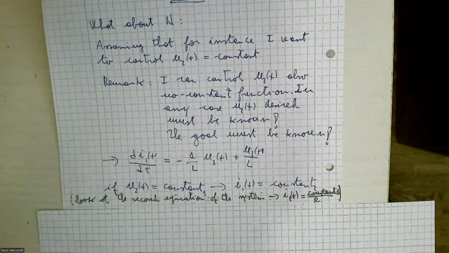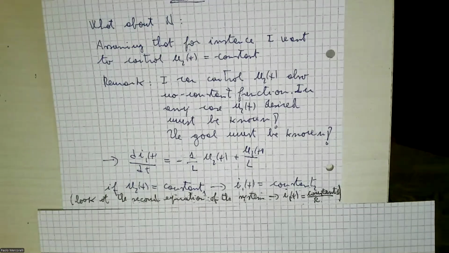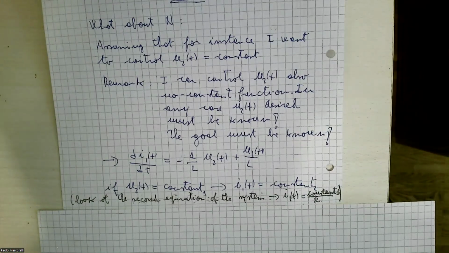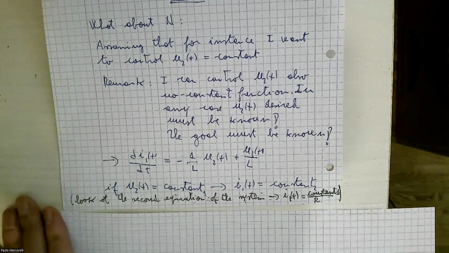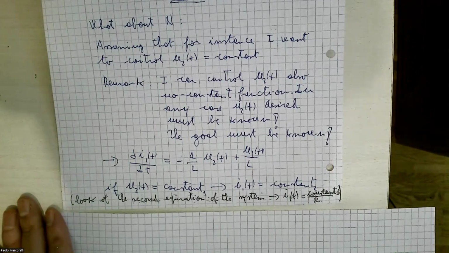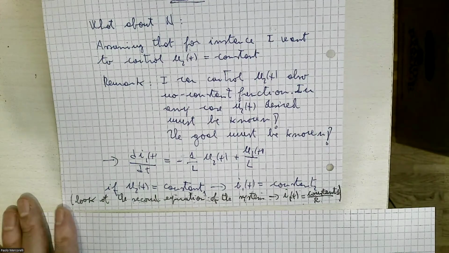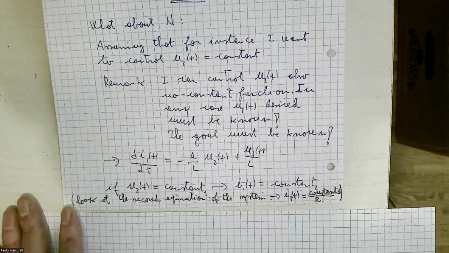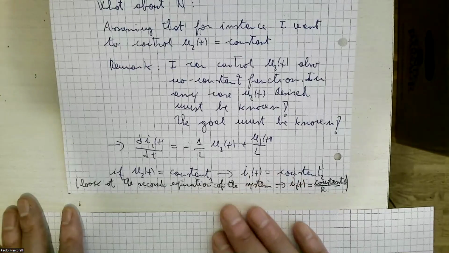In any case, as I told you, the goal must be known. I mean, this constant must be known. Exactly. If you look here, U2 is a constant, which in any case must be known.